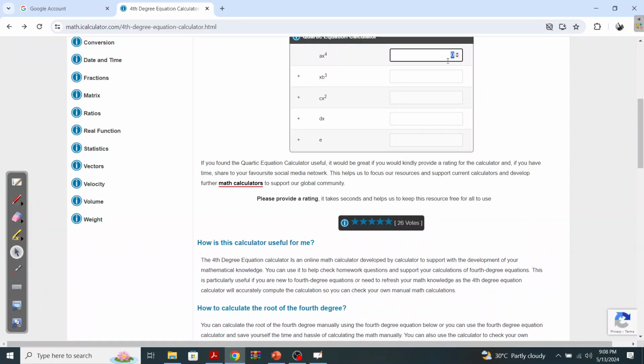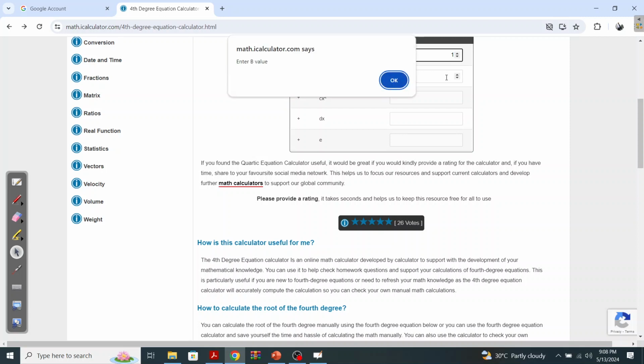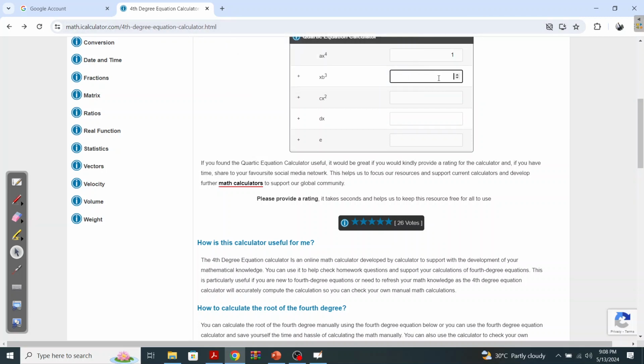The first one we can put as 1, and the other one we put over here is going to be minus 1.0684, and then the other value is going to be minus 2.4, and the last coefficient, according to the equation, is 0.64. Okay, so now we have put all those values.